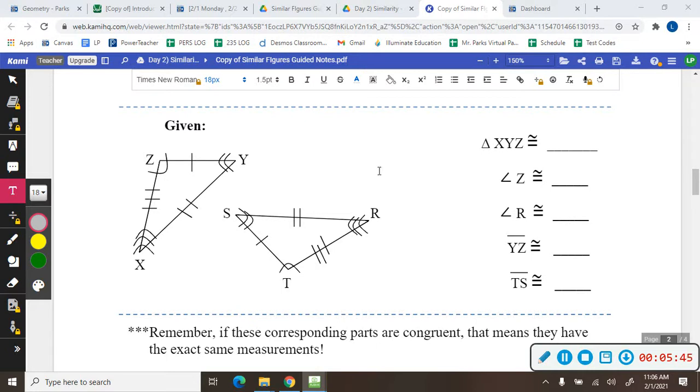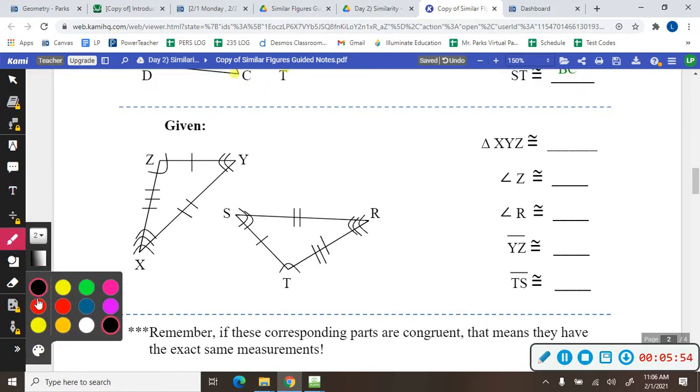And so when we're naming these, if we're calling this triangle XYZ and we start at X, then I must start at the same one. So which one has 3 markings? That would be R. So I have to start with R.